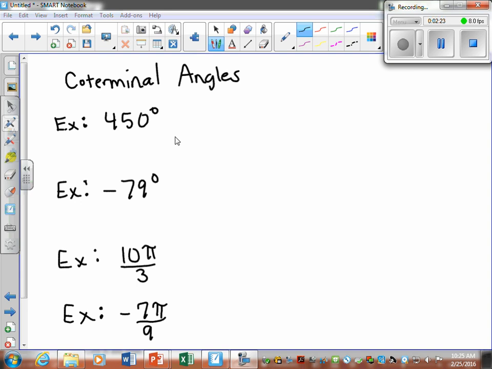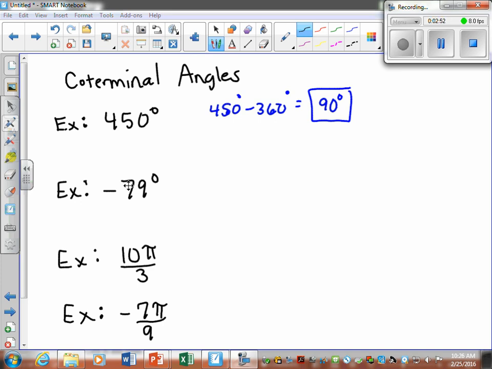So if we have 450 degrees, how could we get coterminal? Subtract out 1 revolution, which is how many degrees? 360, great. So 450 degrees and 90 degrees have the same initial and terminal sides. Now, if we're working with a degree that's negative 79, what do you think we would do to get back to coterminal?